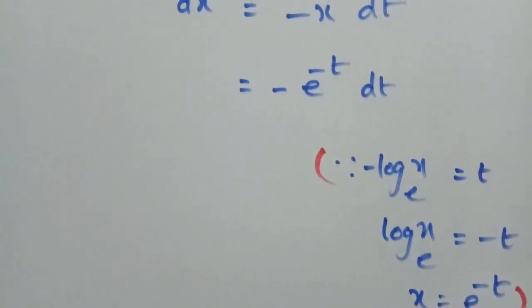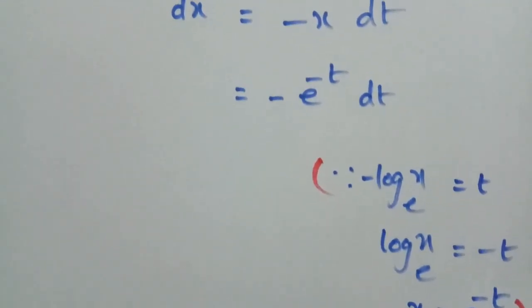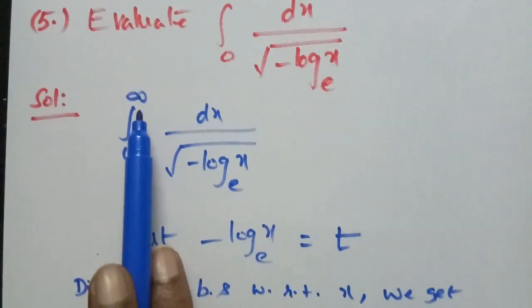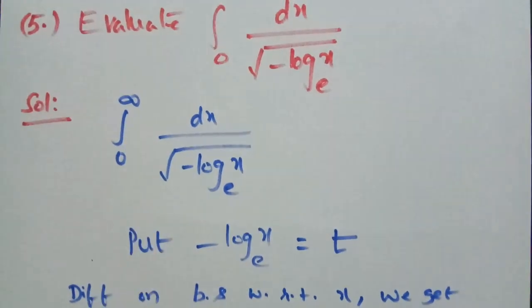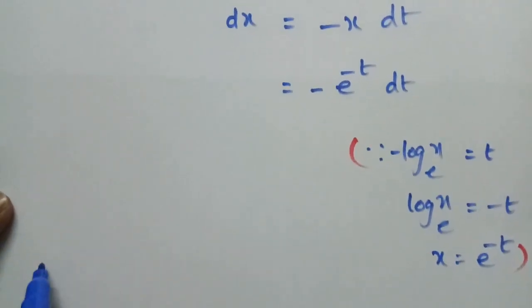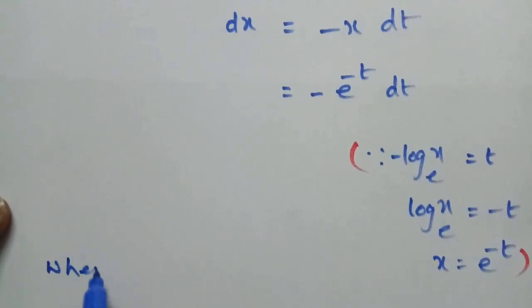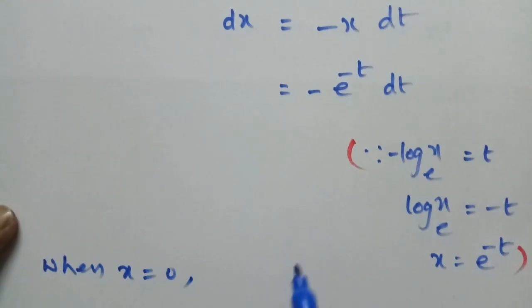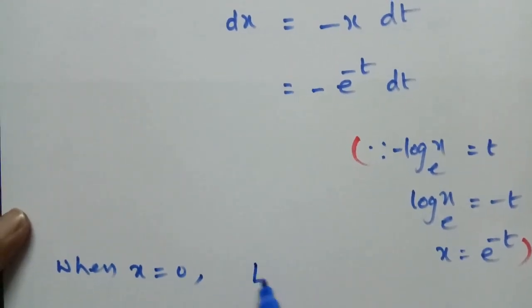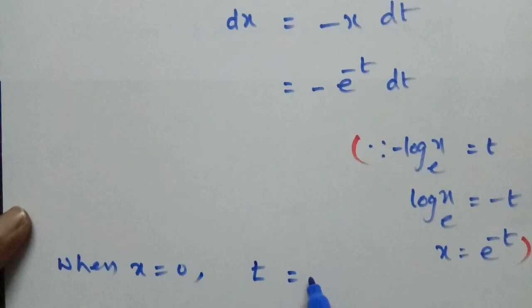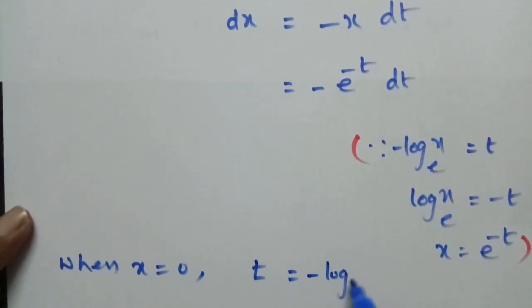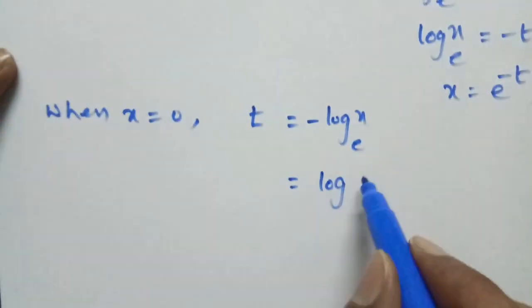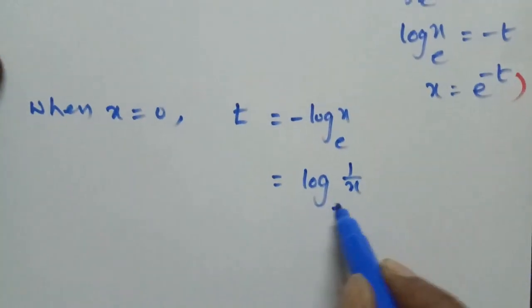Now, how will the limits change? Lower limit of the given integration is 0, upper limit of the integration is infinity. When x is equal to 0, t is equal to minus log x base e, that is log of x power minus 1, that is log of 1 by x to the base e.